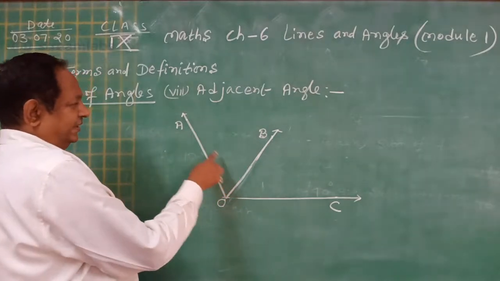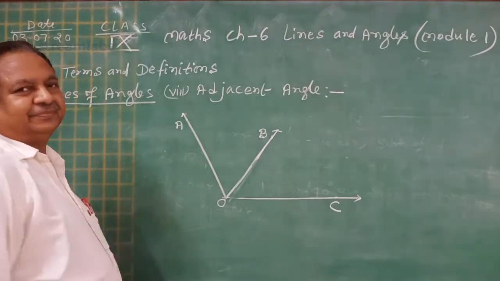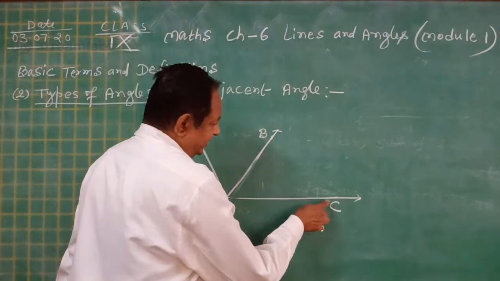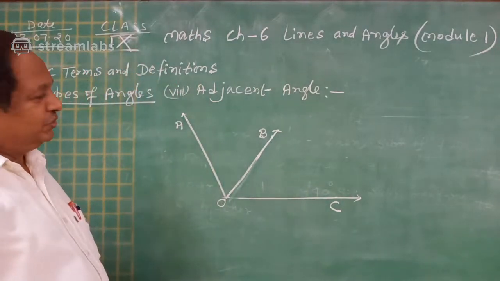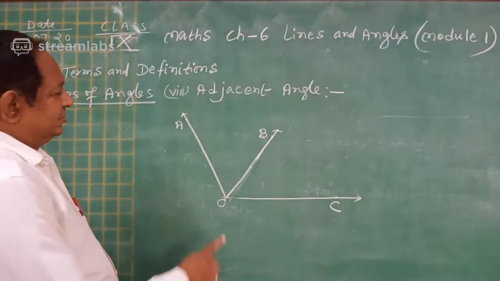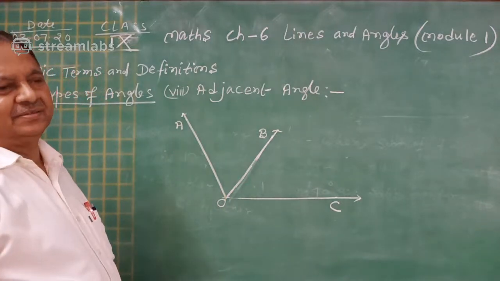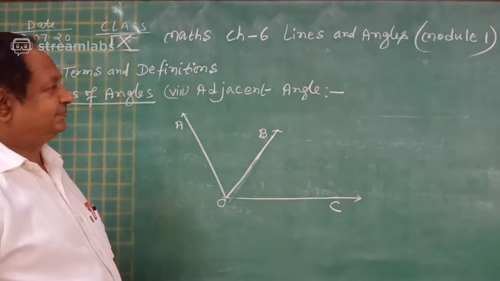So these 2 angles, angle AOB and angle BOC, are on opposite sides of this common arm. So these 2 angles are called adjacent angles. They do not overlap each other.